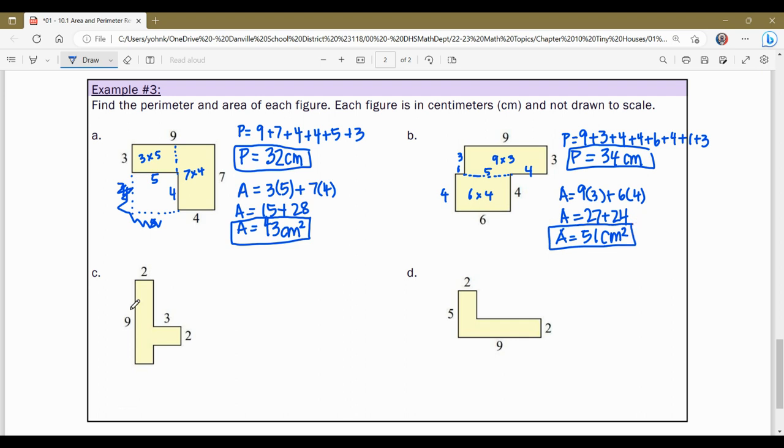All right, if we look at letter C, I see the two rectangles right there. That means this tall, skinny one is a 9 by 2, and this smaller one is a 3 by 2. All right, let's see. We got this piece down here is a 2 because it's opposite that 2. And then we know this side is 2.